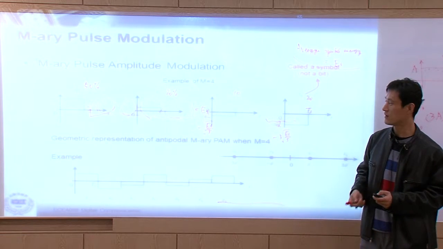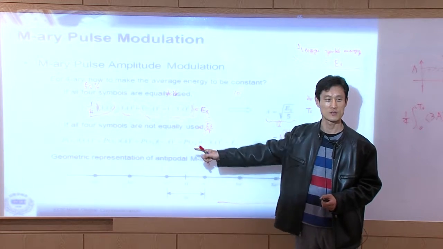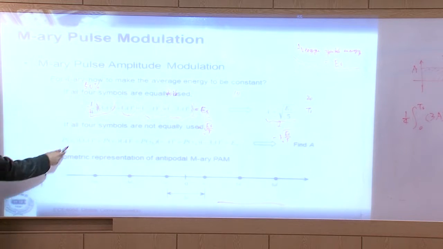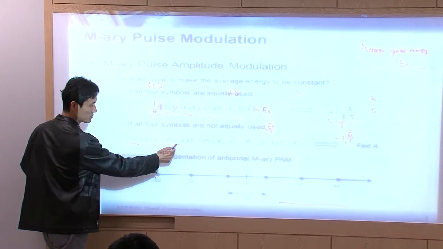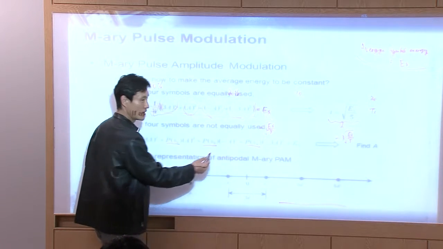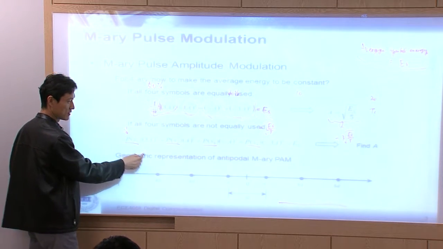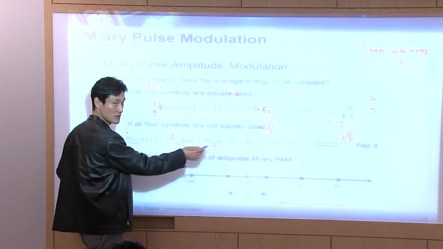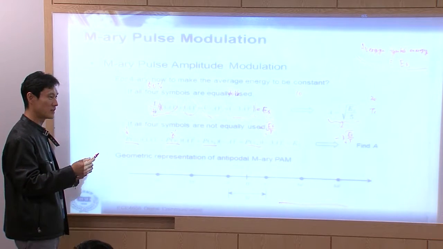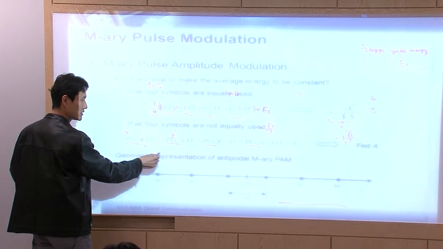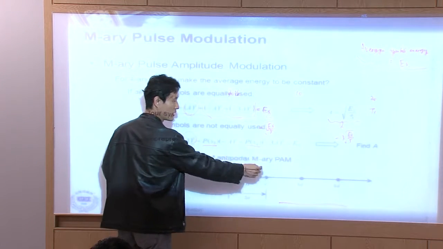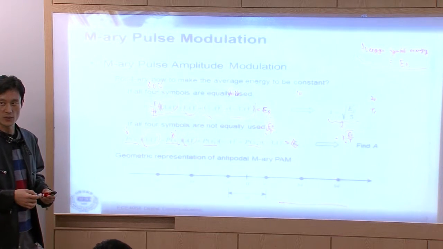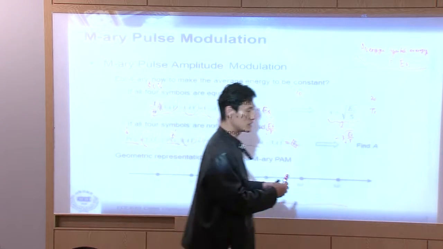It's actually the same way. The only difference is that instead of 1/4, I just multiply by each symbol's own probability. Like for 50%, this is going to be half; for 20%, this is 1/5. This is the energy for S1, energy for S2, the same way, and eventually that needs to be ES. You can calculate the A this way. So how to calculate it is the same.